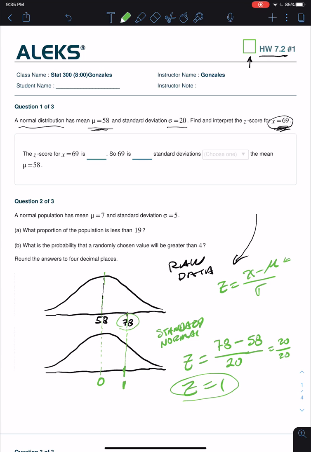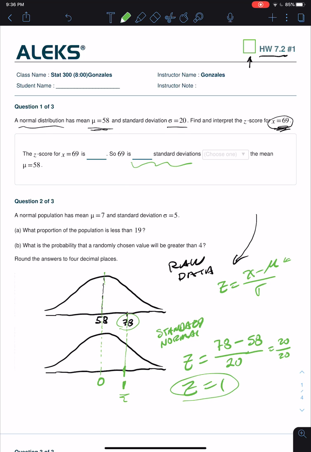So what I'm trying to get to is that this first question might be a little bit confusing. What they're getting at is that we would say 78 is one standard deviation above the mean.